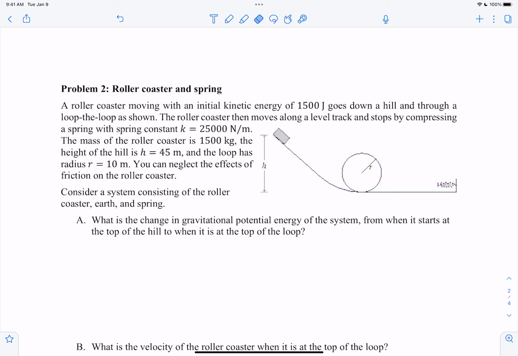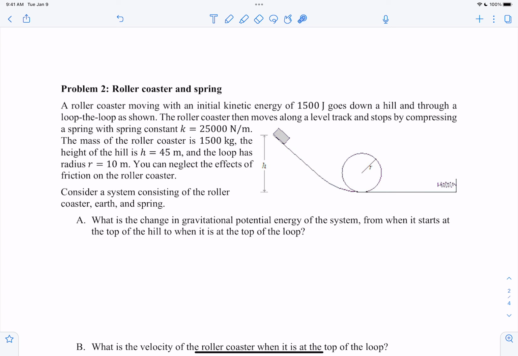If you thought torque was difficult, that does not compare to the energy stuff, in my opinion, because there's a lot going on and the problems are super long. But hopefully I can help. There's a lot of work that you have to do to understand work. So we can move on to problem 2 now.